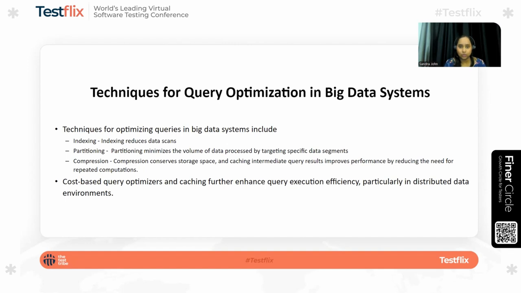It is to conserve storage space and caching intermediate query results. It improves performance and it is quicker as well, so that you don't need to keep repeating the same computations over and over again. Cost-based query optimizers and caching further enhance query efficiency, particularly in distributed data systems where your data is distributed across multiple areas and you have to bring it together.